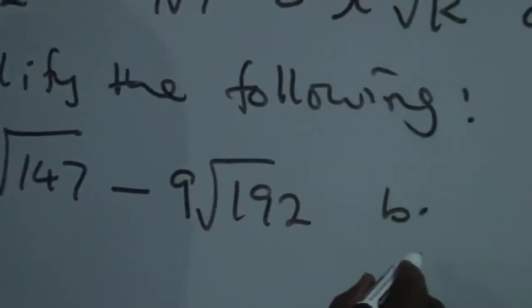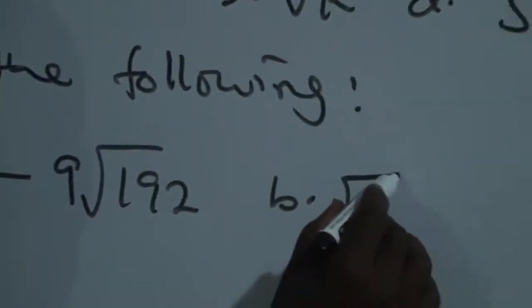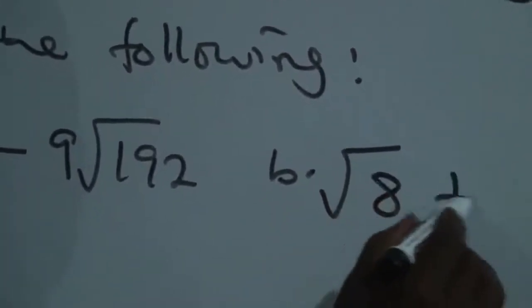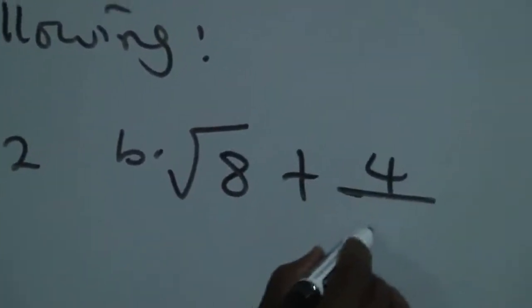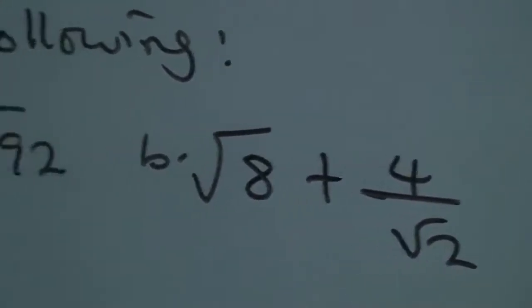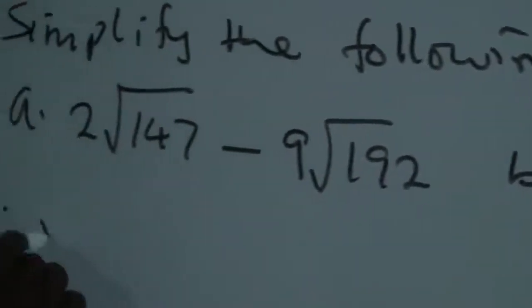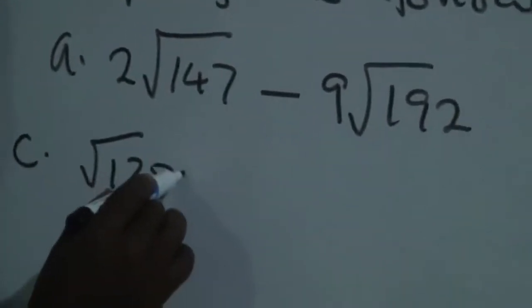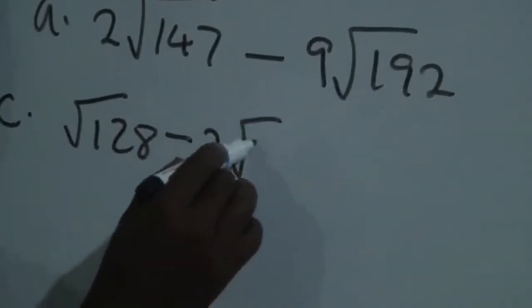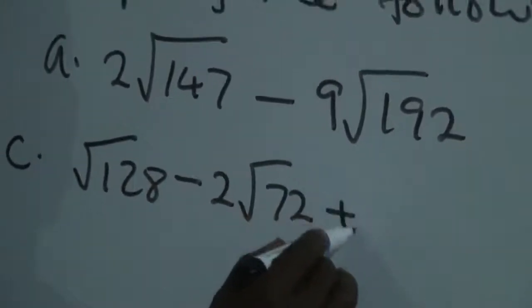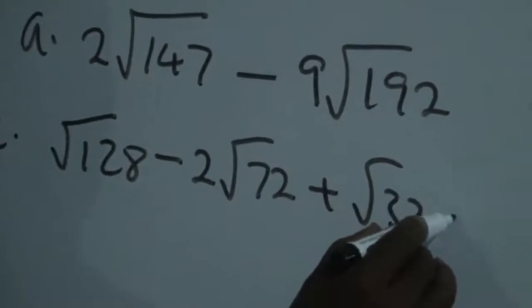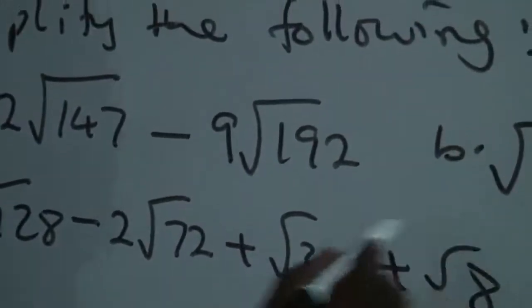B, we have (√8 + 4)/√2. C, √128 − 2√72 + √32 + √8.